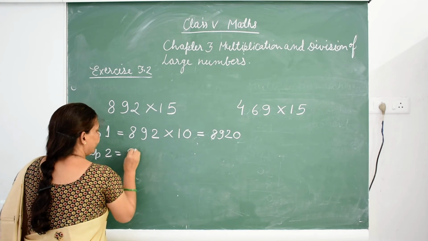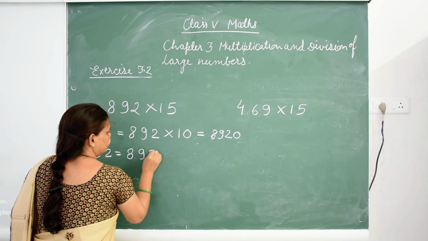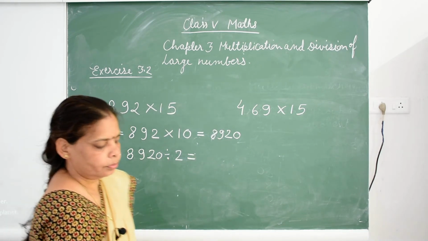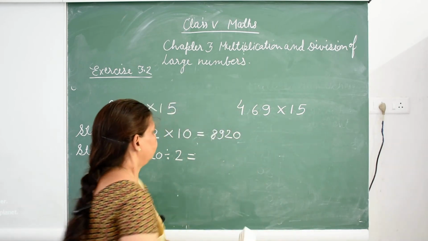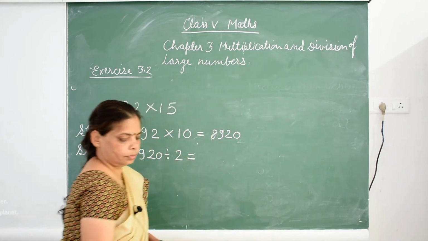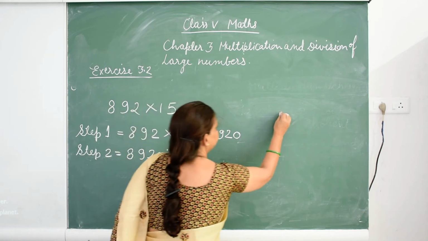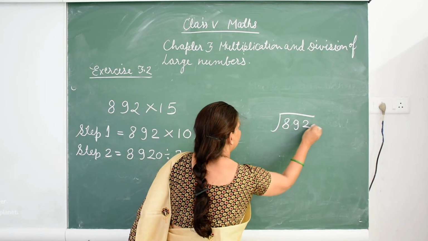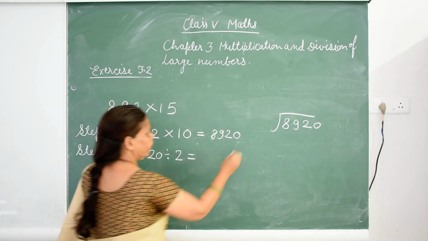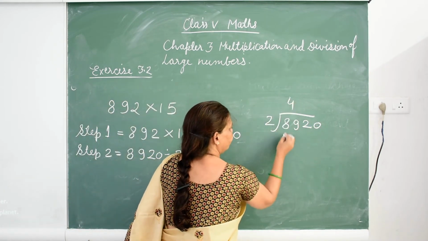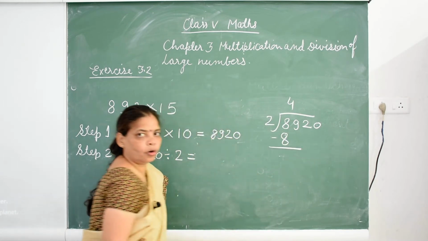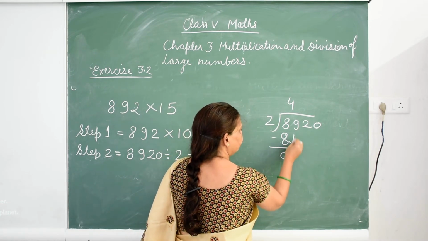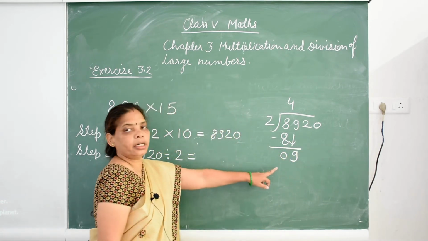Now step 2. This number is divided by 2. So we divide 8, 9, 2, 0 by 2. 2 fours are 8. Equal number we will take or less number we will take. 8 minus 8, 0. 9 here. So we will take the less number.